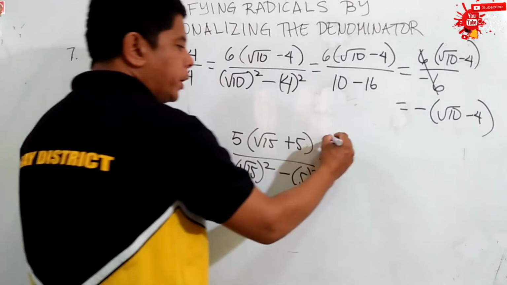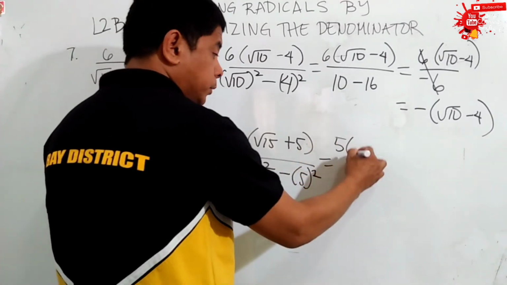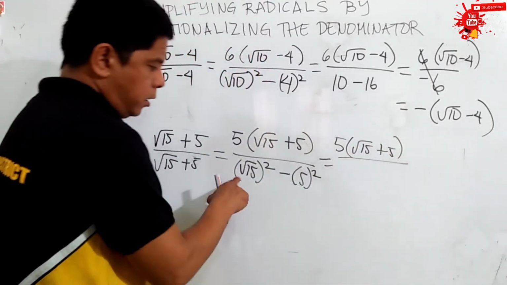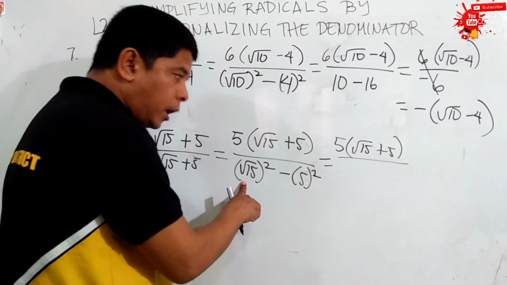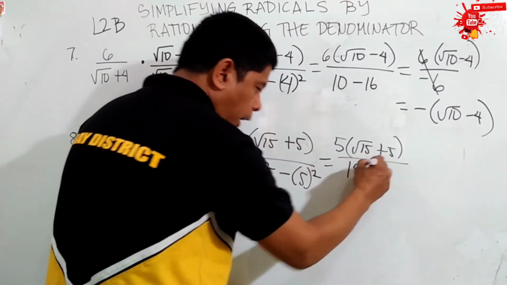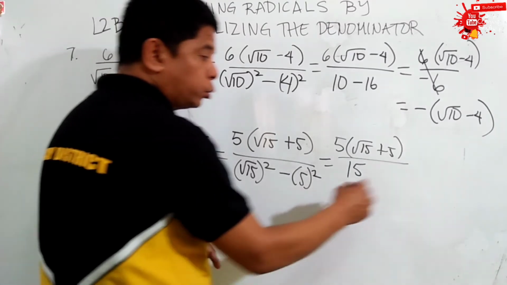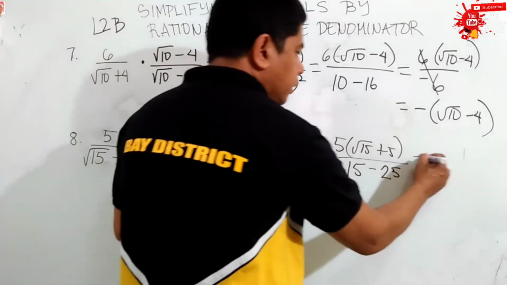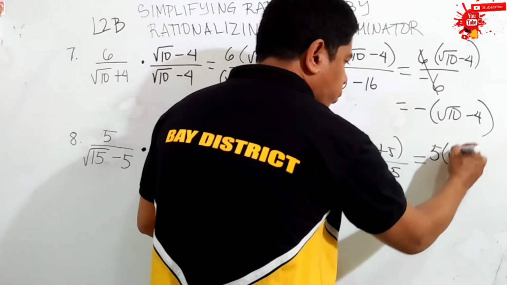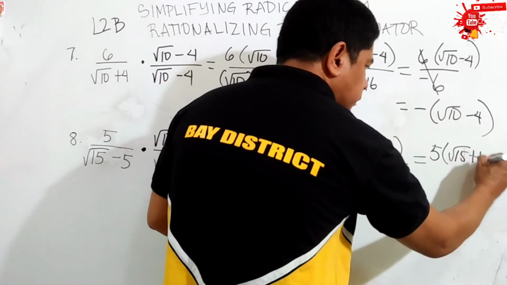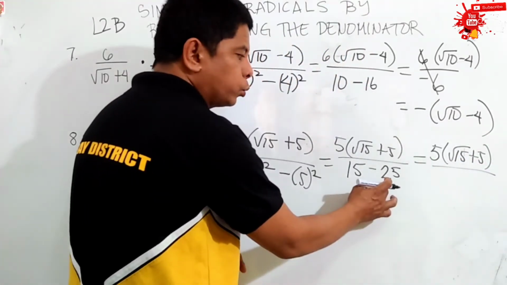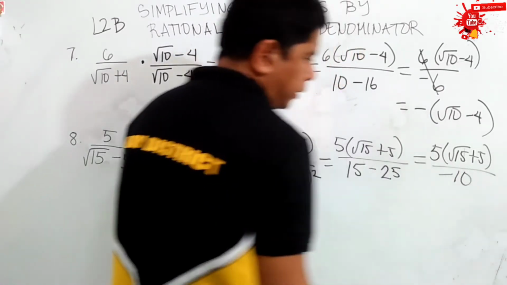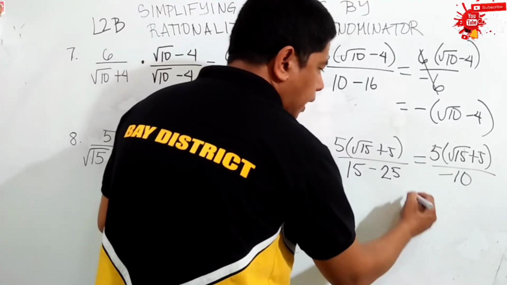Simplify. So, we have 5 times the square root of 15 plus the square root of 5 over the square root of 15 squared, equals 15, and the square root of 5 squared is 5. So, may minus tayo. Simplify natin. So, we have 5 times the square root of 15 plus the square root of 5 over 10 minus 25... over 15 minus 5 equals 10.